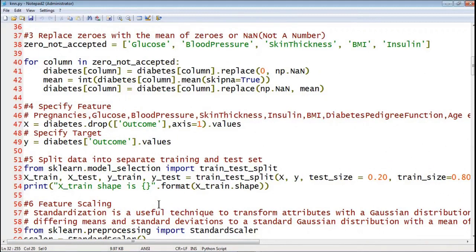At line number 38 to 43, the fields glucose, blood pressure, skin thickness, BMI, and insulin, if there are zeros, will be replaced by the mean value of the counted zeros or the none or not a number.